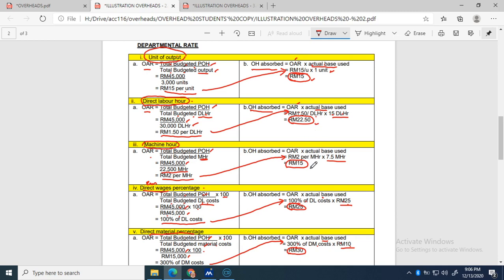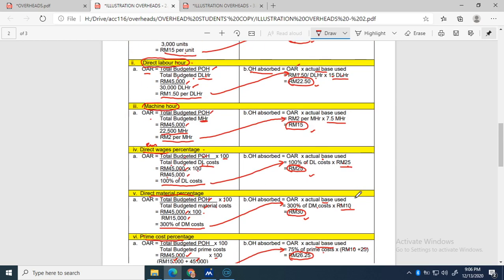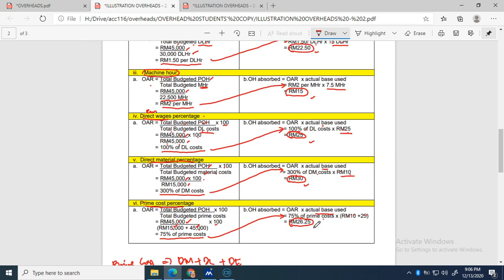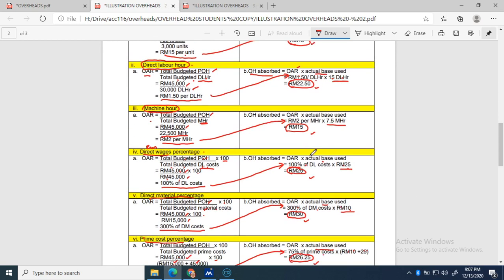Machine hours you have 15 ringgit, direct wages percentage 25 ringgit, material percentage is 30 ringgit, and prime cost percentage is 26.25 ringgit. So with different amounts of overhead absorbed to the job, we have to choose the most appropriate method, because different methods will give you different answers.